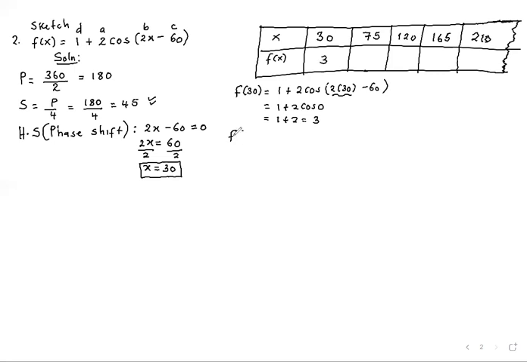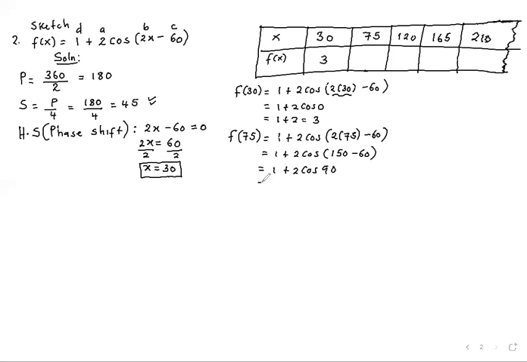Then we go to 75. We get 1 plus 2 cos (2 by 75 minus 60). This is 1 plus 2 cos (150 minus 60), that is 90.